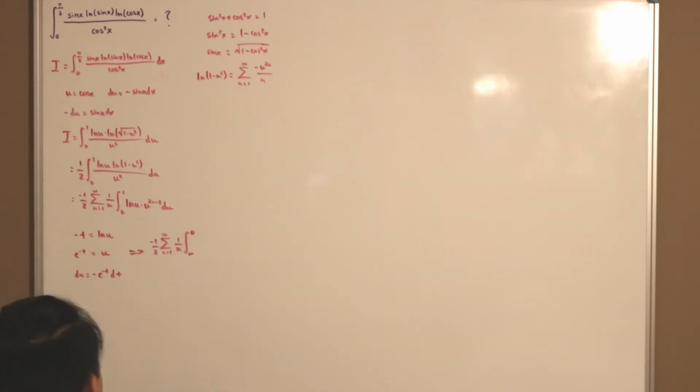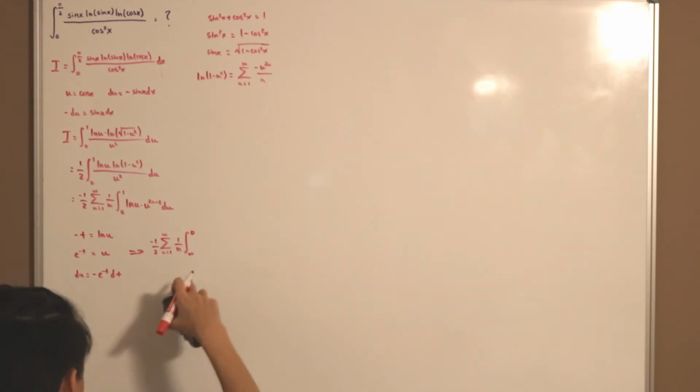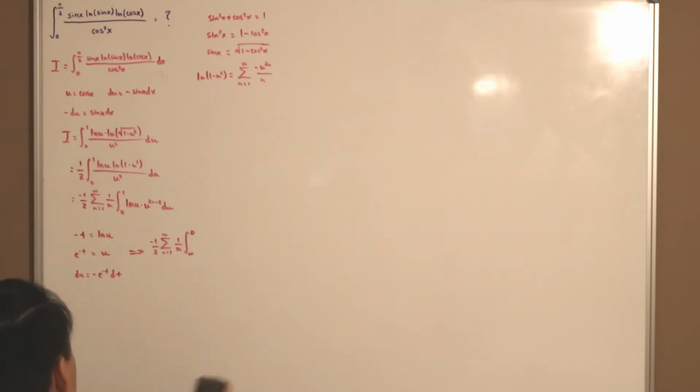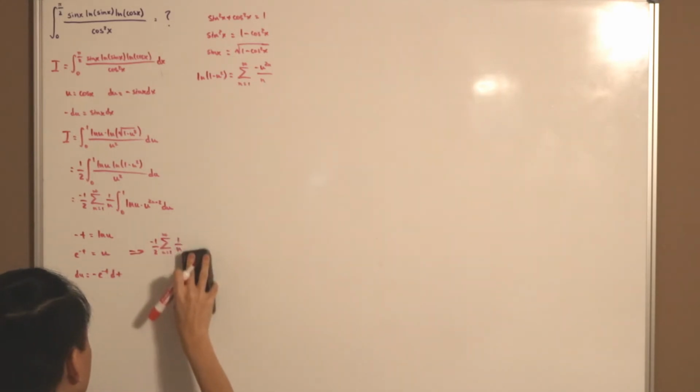Again, using our properties of definite integrals, the lower bound is the bigger number and the upper bound is the smaller number, so we change the boundaries, and then we get a positive.